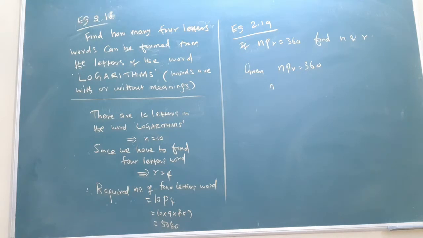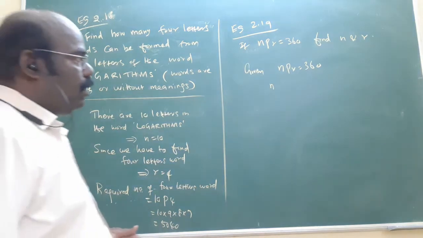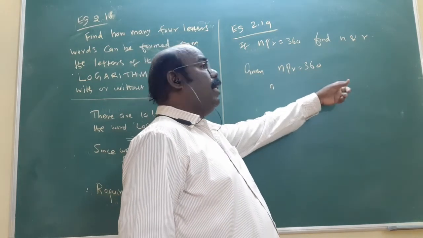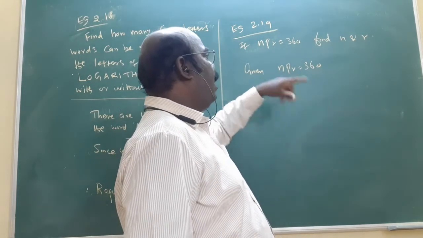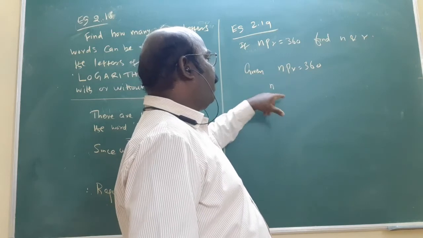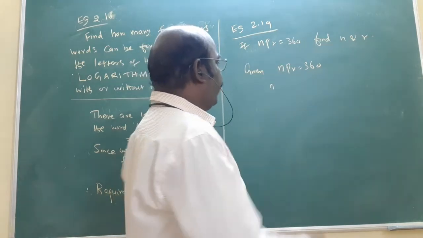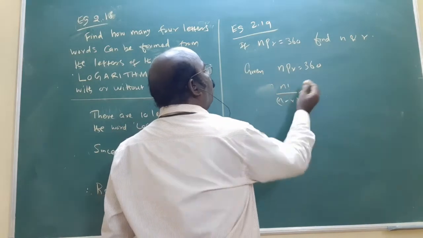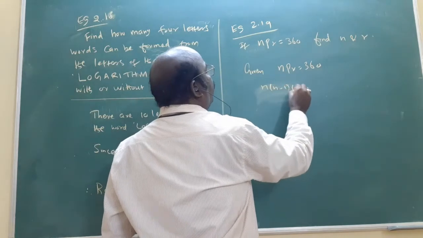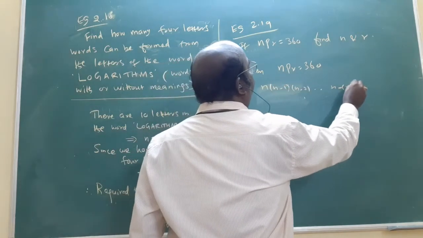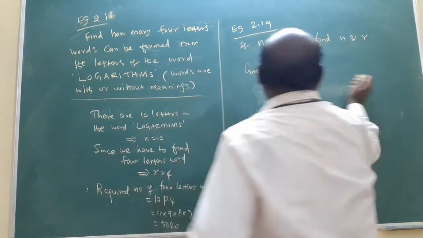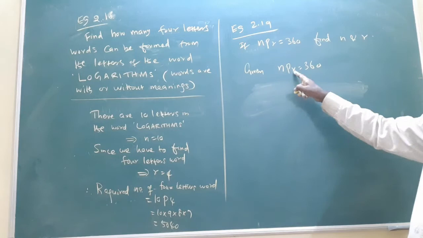This is the standard formula: nPr equals n into (n minus 1) into (n minus 2) into etc. up to (n minus r plus 1). Otherwise, what is the formula? n factorial divided by (n minus r) factorial. We have two methods. One is n factorial by (n minus r) factorial. One more formula is n into (n minus 1) into (n minus 2) etc. Am I correct? We have two formulas. But the easy method for this one is the second.